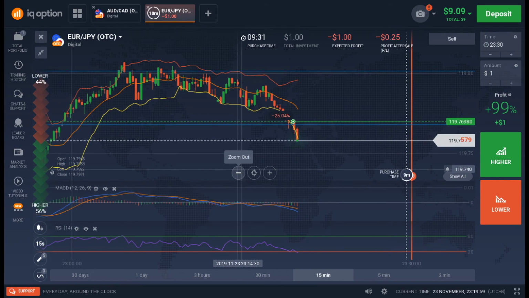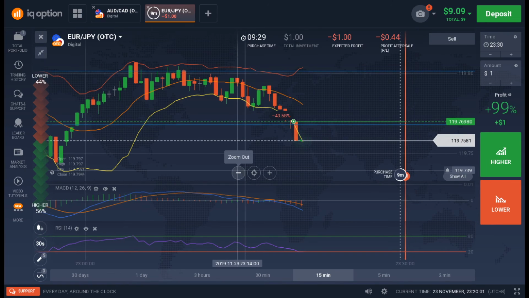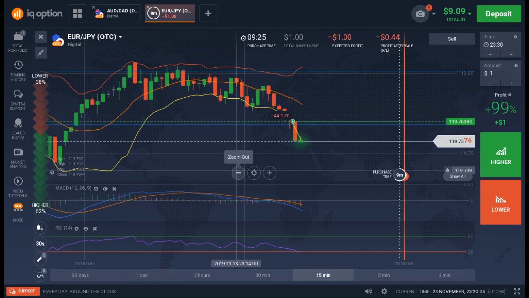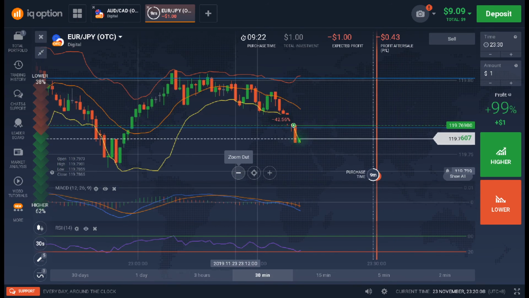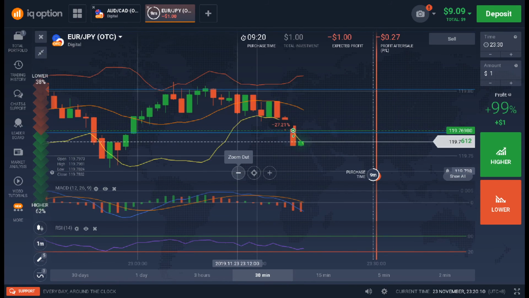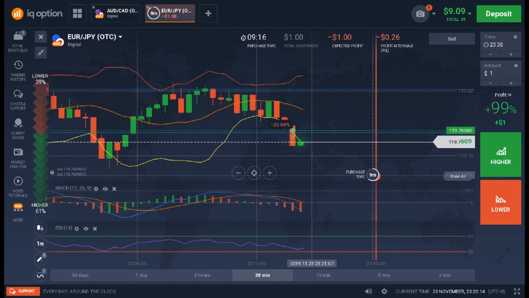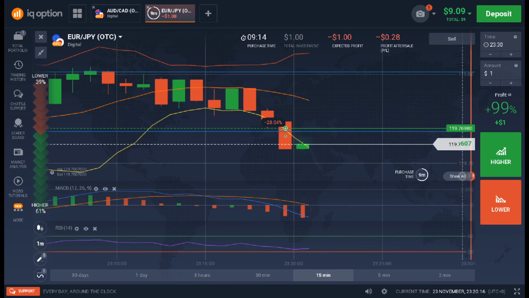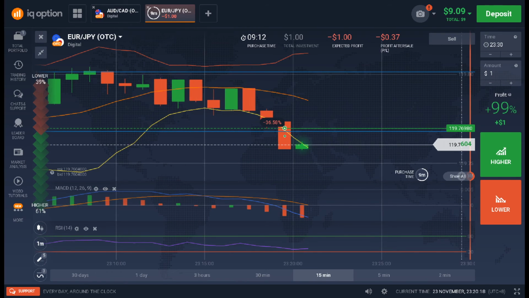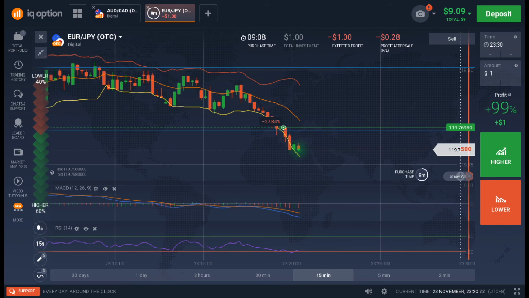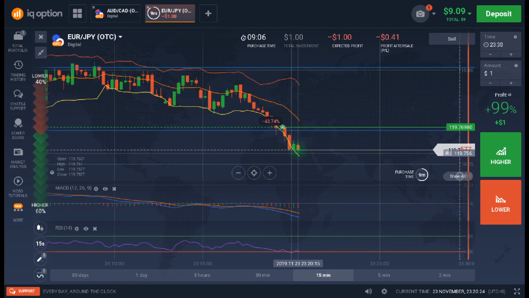Where can it go next? Okay, it might bounce anytime soon. Overshoot. Did it just overshoot? Oh no!